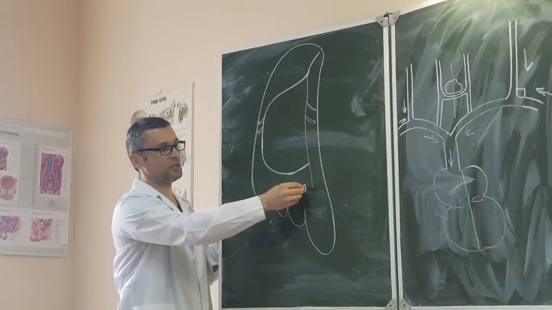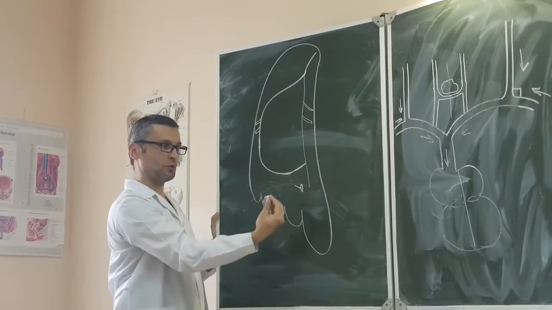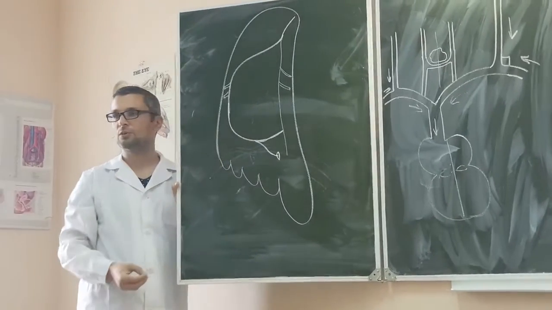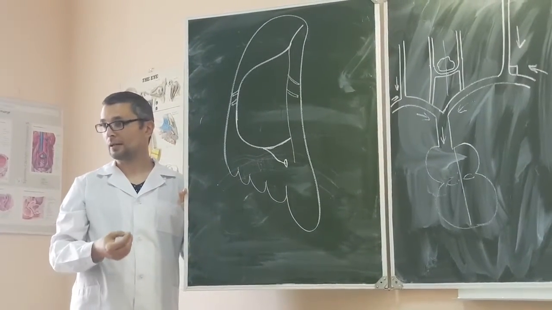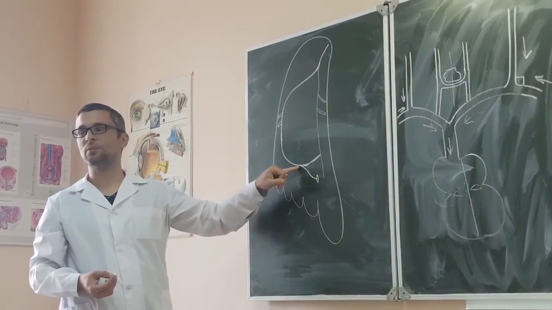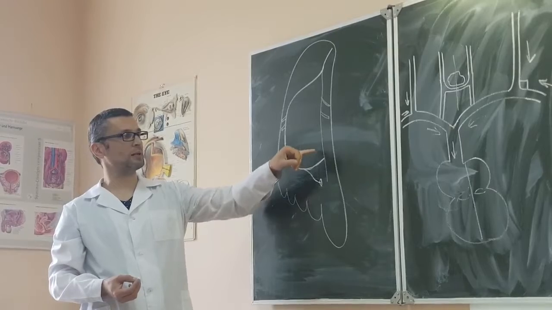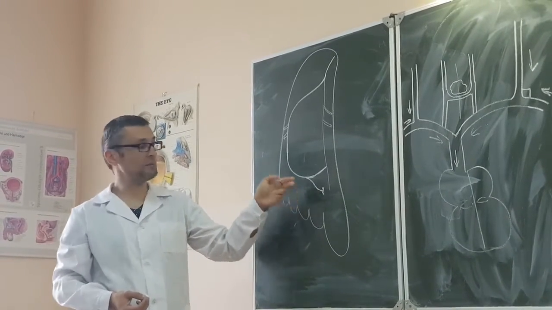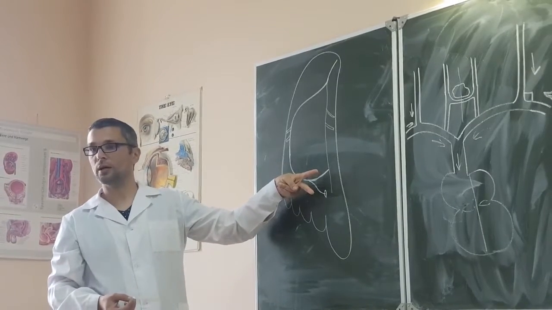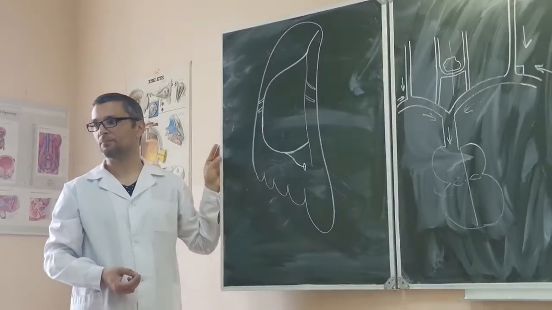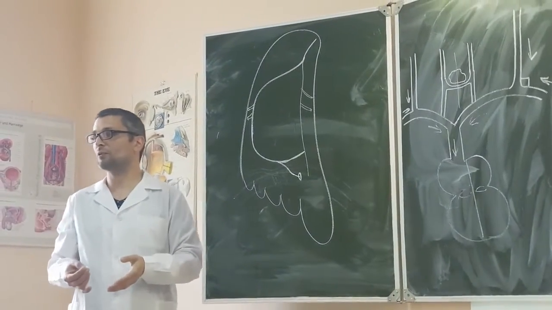So this arteria plantaris profunda comes from the dorsal side and anastomoses with this artery. That's why arteria plantaris lateralis can anastomose either with the plantaris medialis artery or with the plantaris profunda artery. Sometimes it can be divided into two and anastomose with both plantaris medialis and plantaris profunda. It depends on the person. This is very individual.